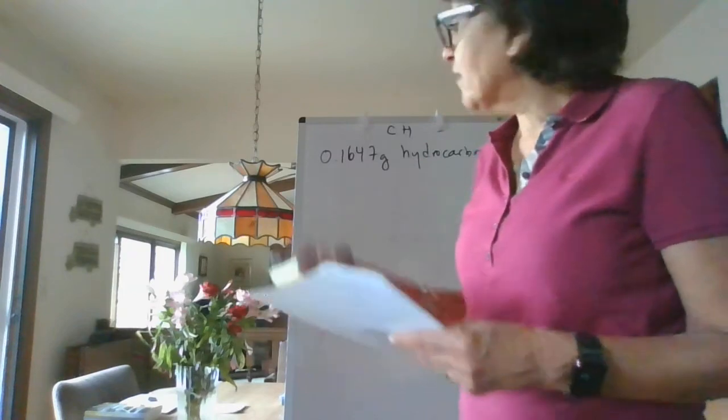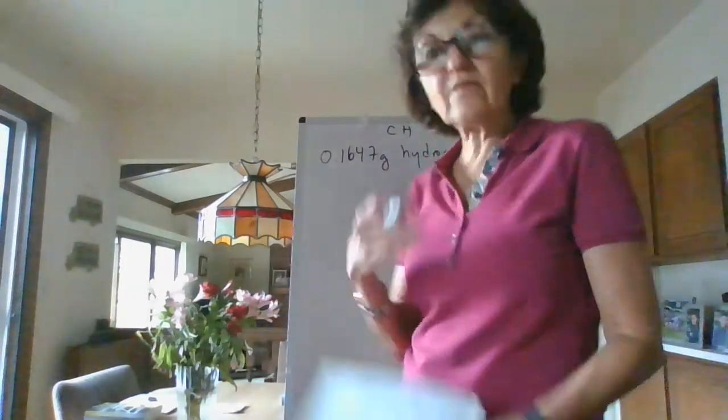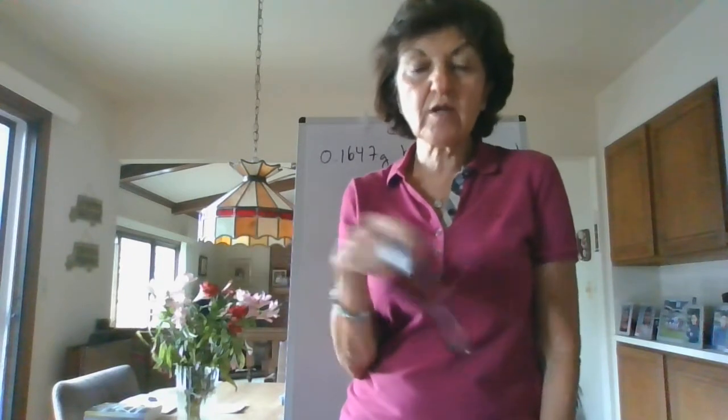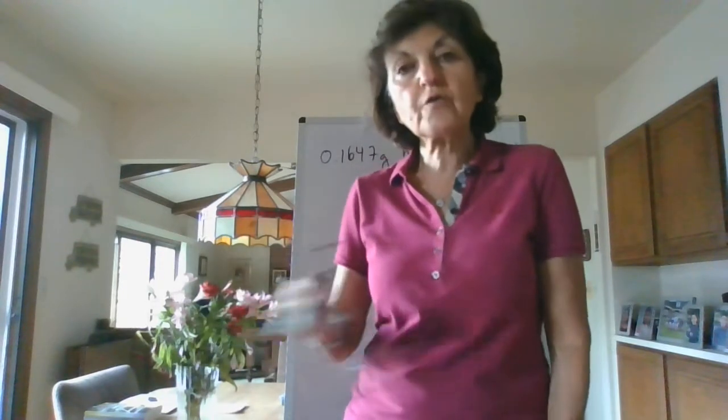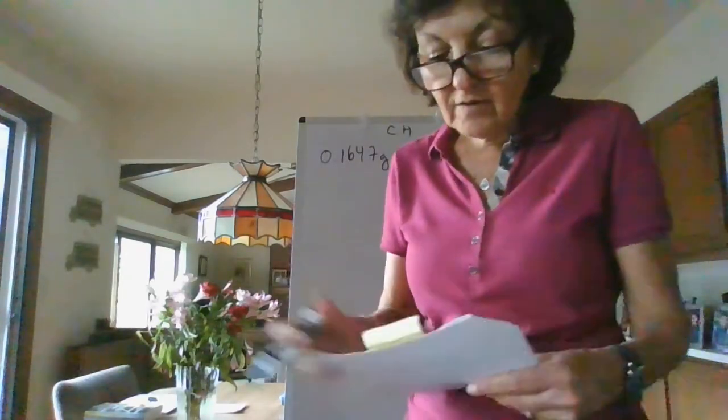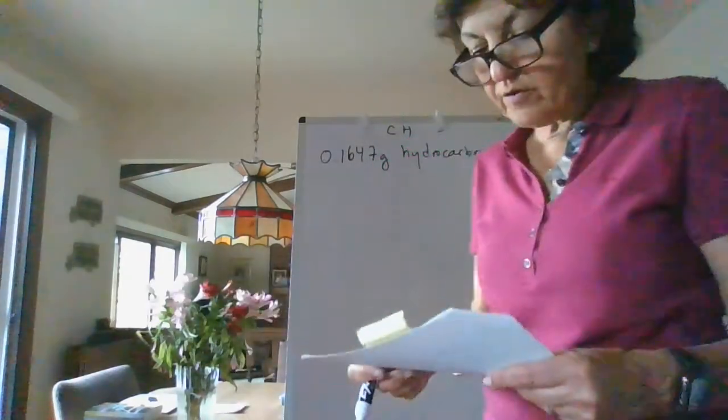All right. When you burn it, and you may remember this from intro chem, anytime you're burning a hydrocarbon, you get 2 products, carbon dioxide and water. So when you burn it, you collect all the carbon dioxide and all the water.